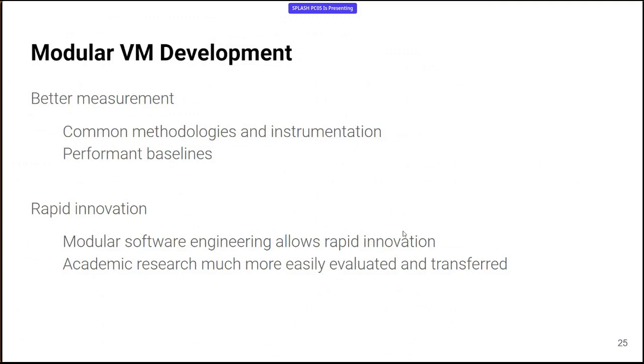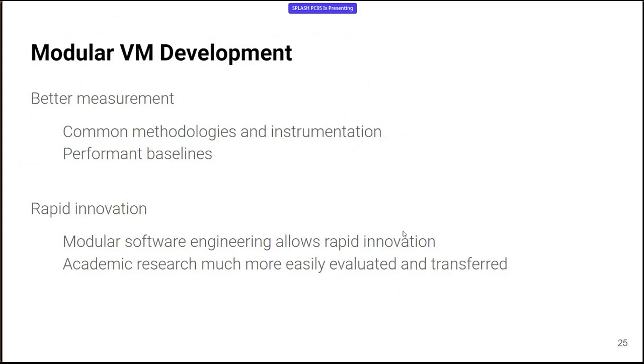And finally, academic research is much more easily evaluated and transferred. If the PhD student does some really cool thing, and an industrial partner has a VM which allows them to just plug in that module developed in the lab and evaluate it against the workloads they really care about, secretly inside their organization, and say, wow, it really does solve the problem that they thought it solved in that paper they published, then it's much more exciting.